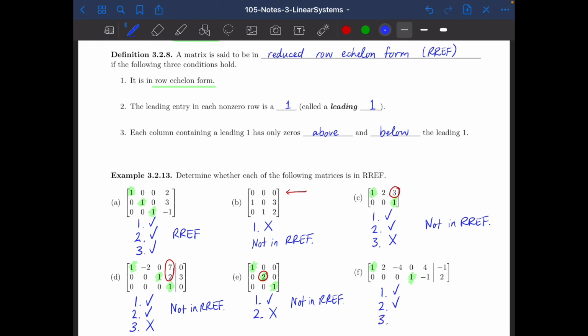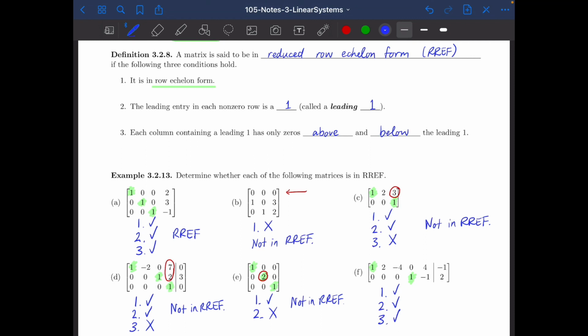And finally, is condition 3 satisfied? Do we have that each column containing a leading 1 has only zeros above and below the leading 1? We do have that. Both the first and the fourth columns contain only the leading 1 and 0. And so the third condition is satisfied.